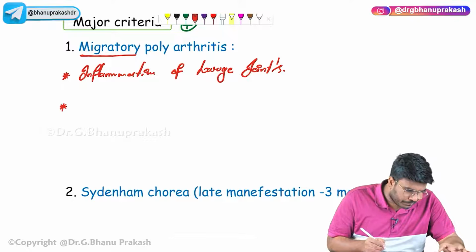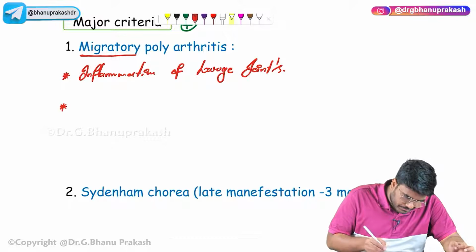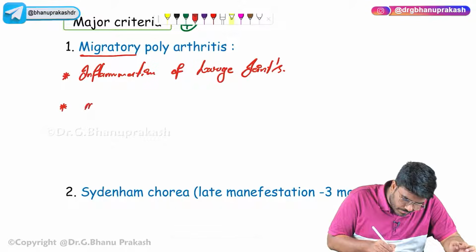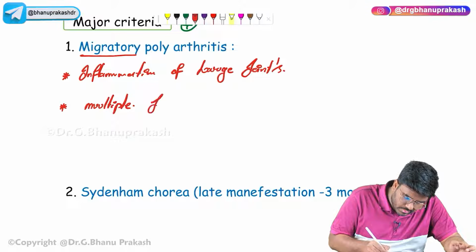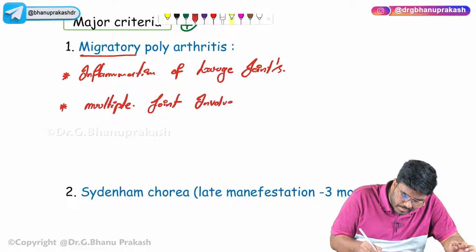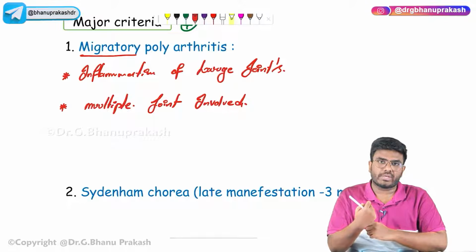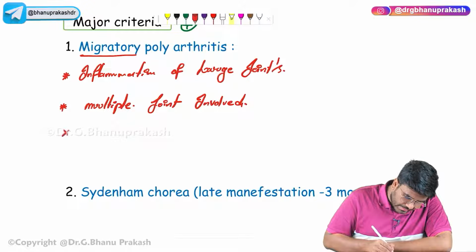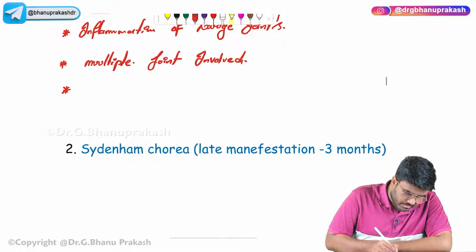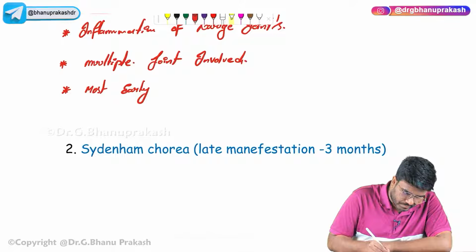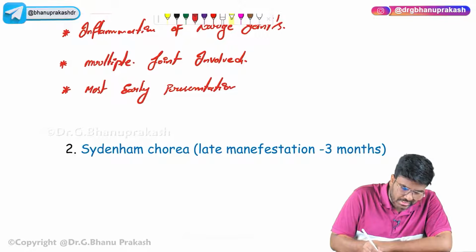The point which I want you to know is that multiple joints are involved, and they are migrating from one joint to another joint, and this is the earliest presentation.